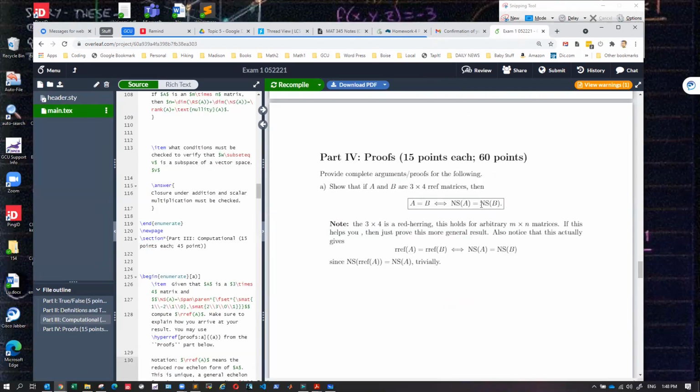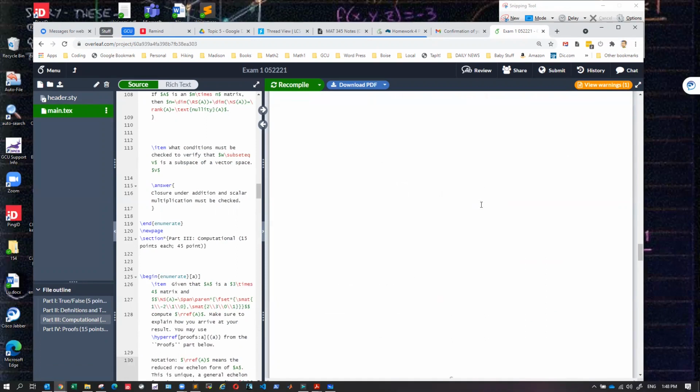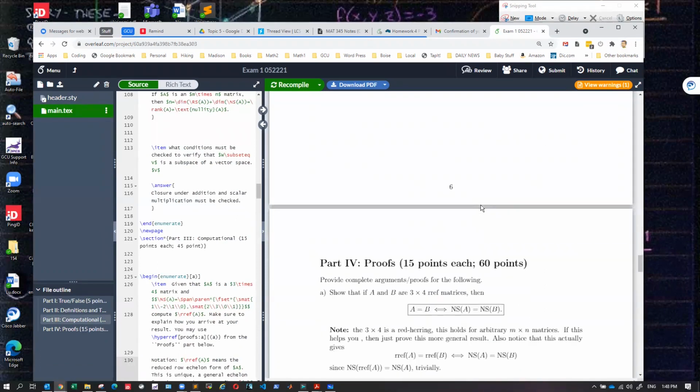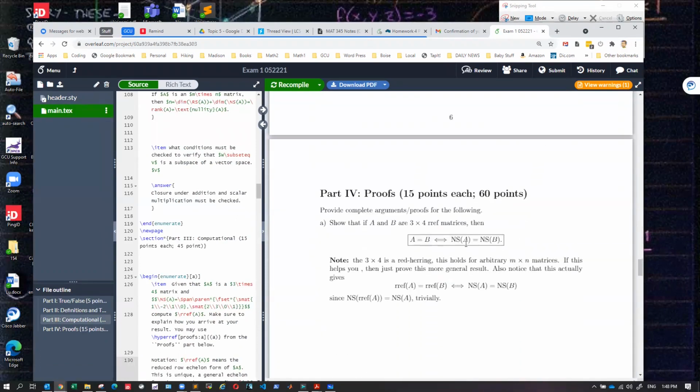You don't actually use it, in some sense. It's useful for your sanity. Just assume part A is true; don't worry about whether or not you've proved it. From this, if I have two reduced row echelon form matrices and I know that they have the same null space, then I know that the two matrices are the same.